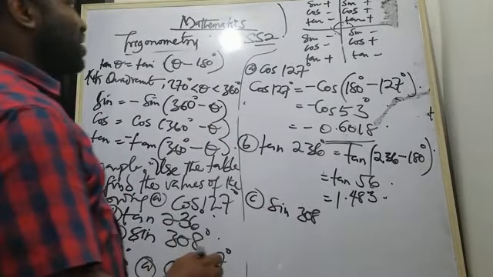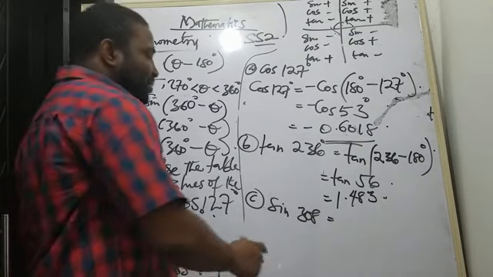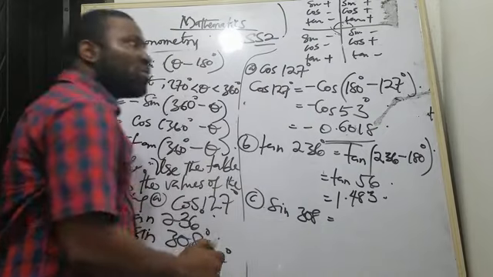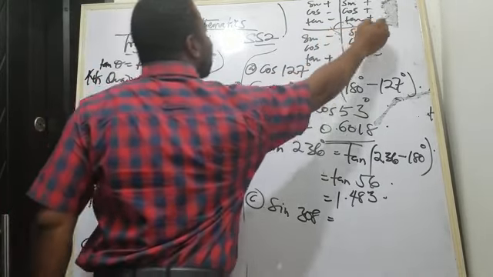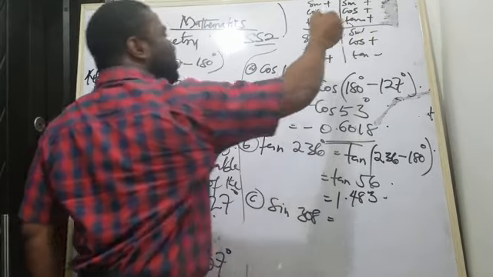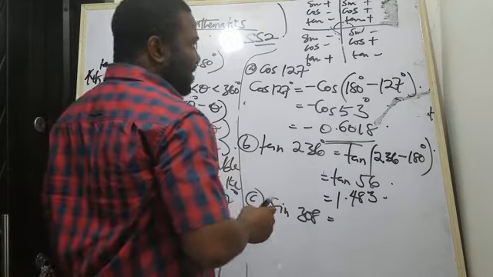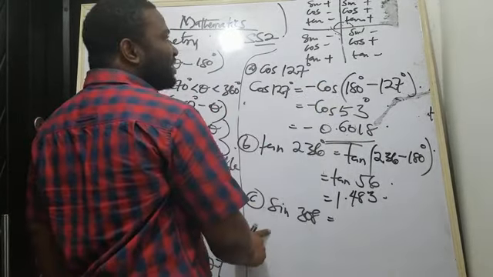Sine 308. Now, the first thing you look at is, on what quadrant does it belong to? From here to here is 90, 180, 270, this 360. It means it will fall on the fourth quadrant. Alright? On the fourth quadrant, is sine negative or positive?